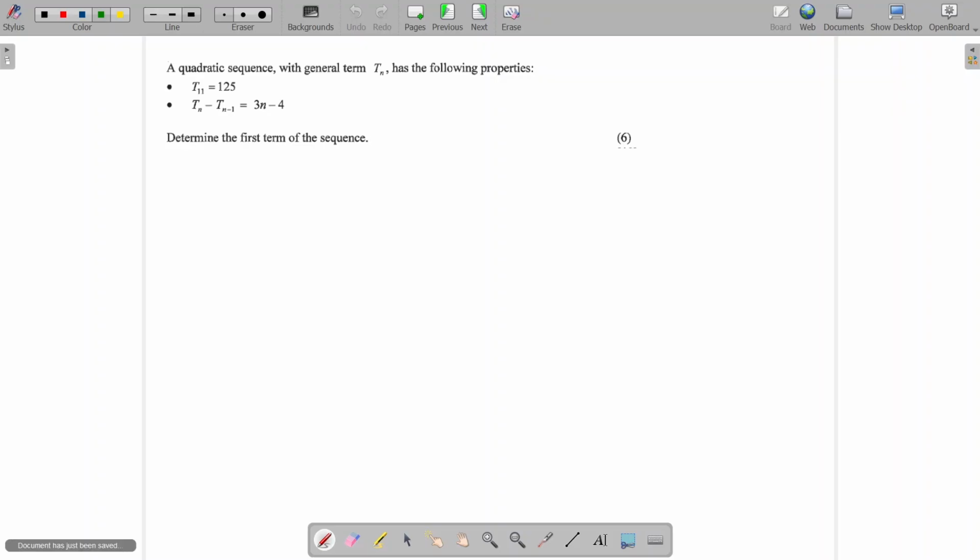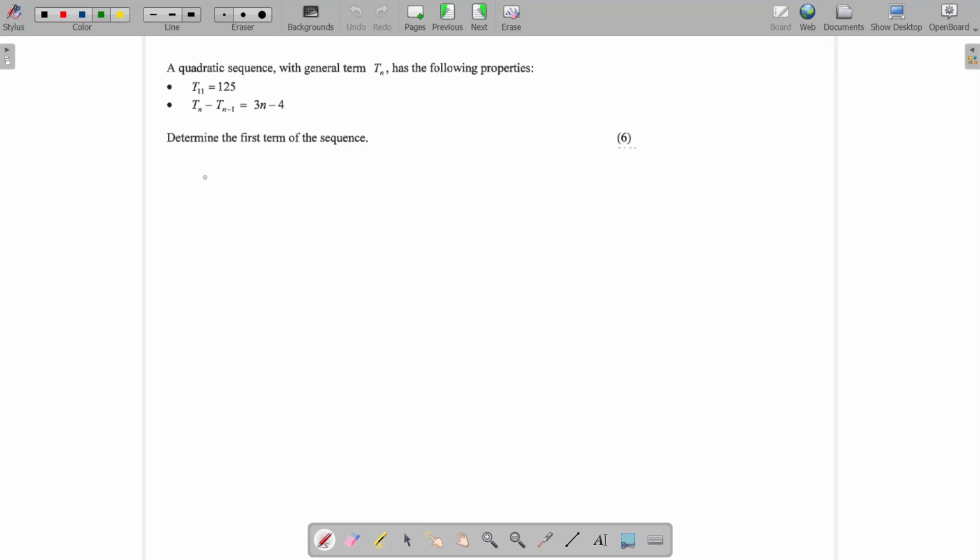A last one to look at quickly. They are now going back to quadratics. And again, I just want to remind you that although we have had to spend a lot of time focusing on arithmetic and geometric, please don't forget that quadratic sequences exist. There is no such thing in a school syllabus as a quadratic series. That's the good news. But a quadratic sequence is still possible. So we've got term 11, term n and term n minus 1, and a formula that links consecutive terms.